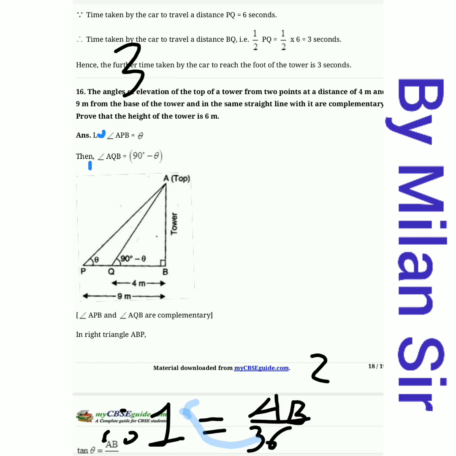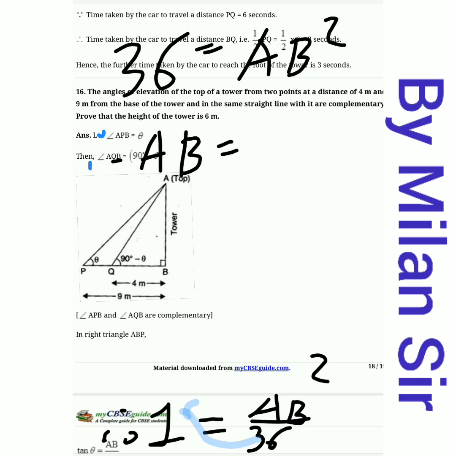So 36 ones are 36, AB square. For finding AB, take the square root. The square root of 36 is 6, plus or minus 6. But here AB is a height, that's why we take only plus 6. So AB is equal to 6 meter. That means the height of the tower is equal to 6 meter.